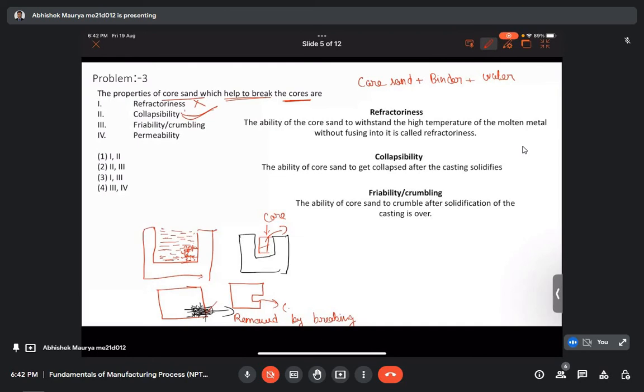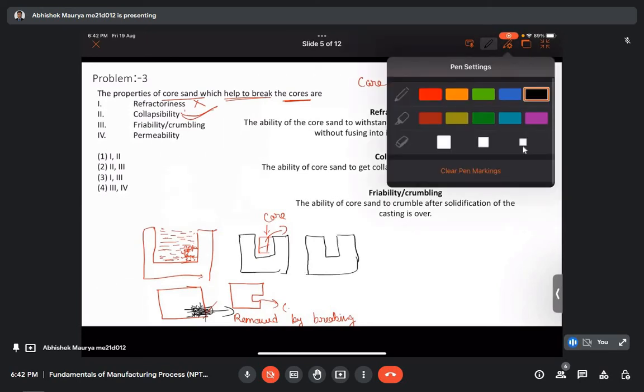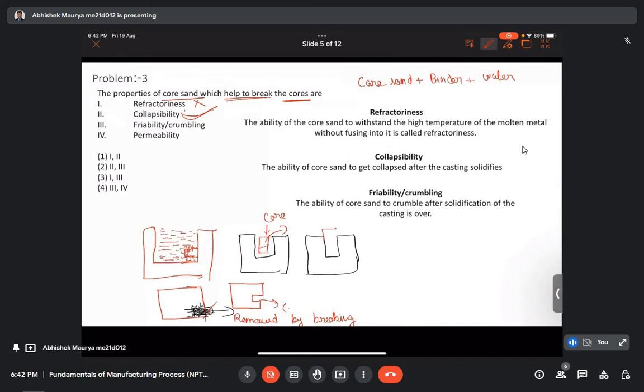But sometimes it doesn't happen that easily. In such cases, what do we have to do? Suppose this was the casting, and inside it our core is left, and we are trying to remove the core. But by hammering or giving some impact load, the core is not breaking into three parts, and it's not getting removed easily.